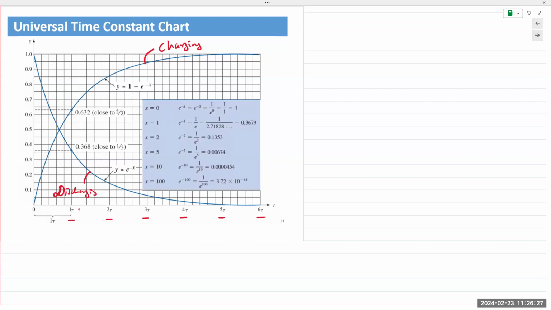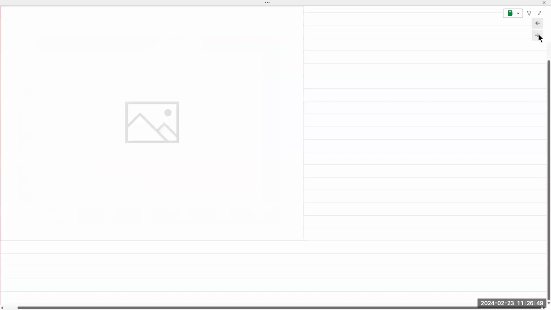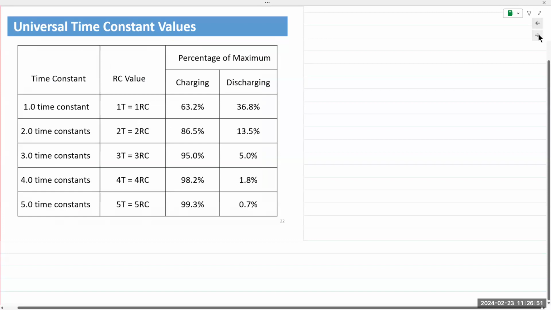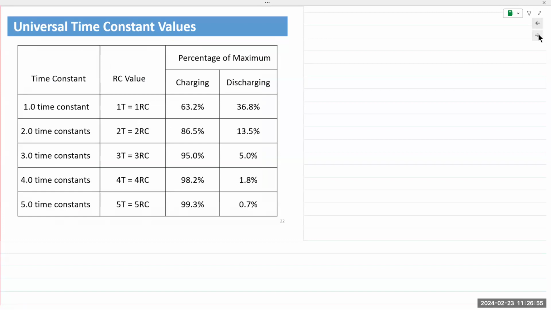No matter the value of the capacitor, no matter the value of the inductor, no matter the values of the source, the exponent is common to all equations. And so it will always follow this kind of path. And you would have the values pretty much constant as a product of tau. The values, when equated to 1 tau, 2 tau, 3 tau, till 5 tau, are given in this table.